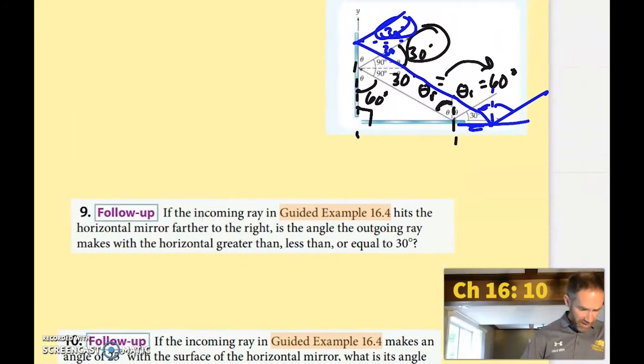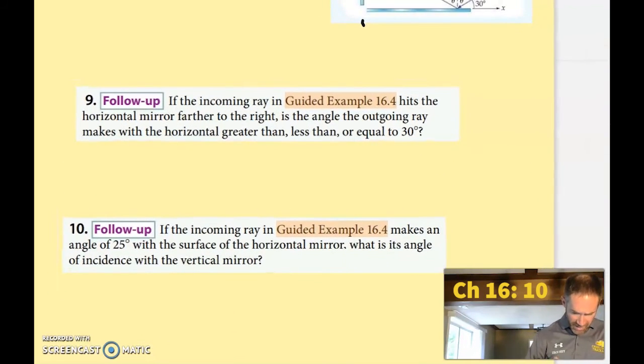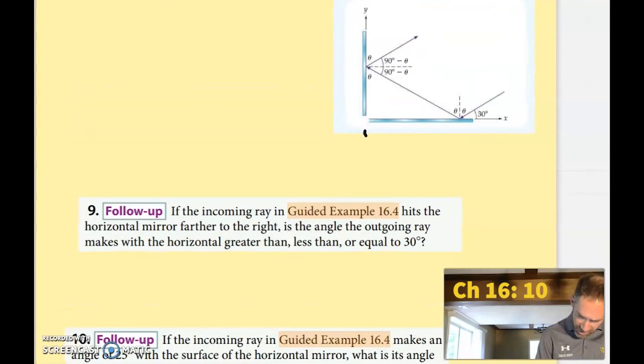Okay, so let me erase some of this stuff real quick for us here. So now they're saying rather than the incoming ray hitting the first mirror at 30, it's going to hit at 25. So we're going to cross that out and we're going to make it 25 degrees. So that's going to make this one not 60 but 65 degrees.